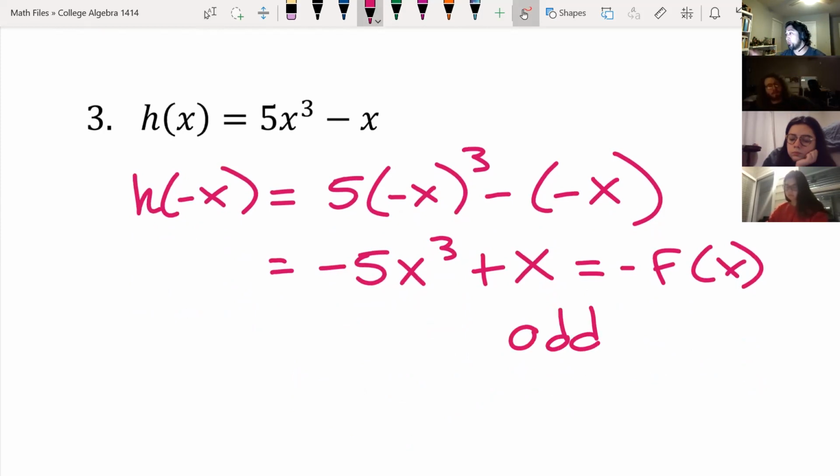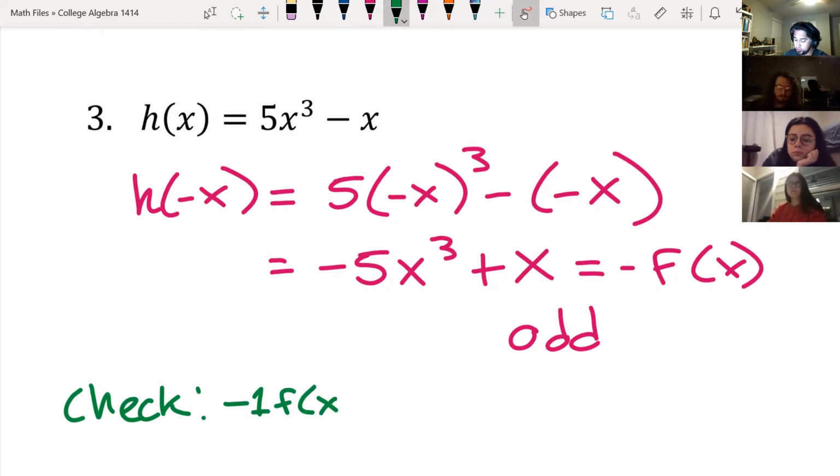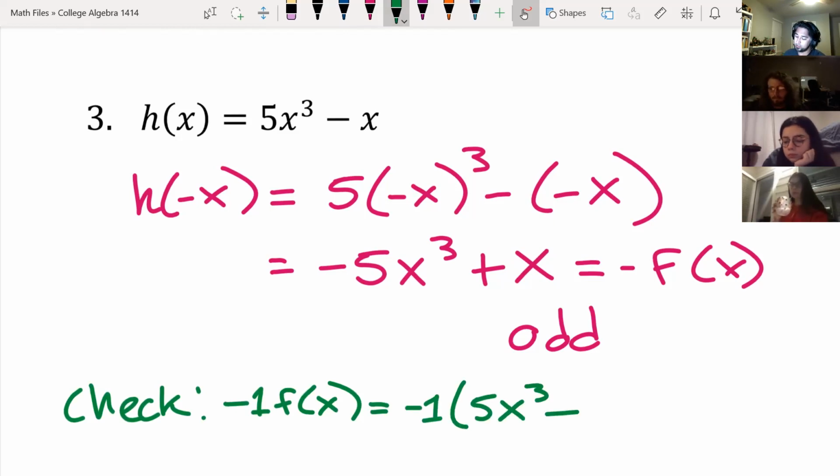Now, in case you don't know if it's odd just by looking at it, you can always check your work. Here we can check by just doing negative 1 times your original function, negative f of x. So I'll have negative 1 times (5x cubed minus x).